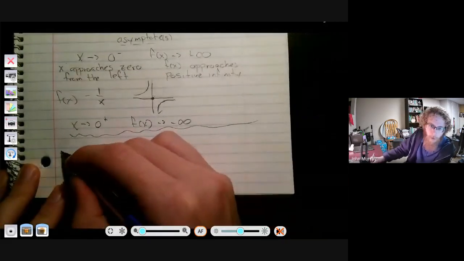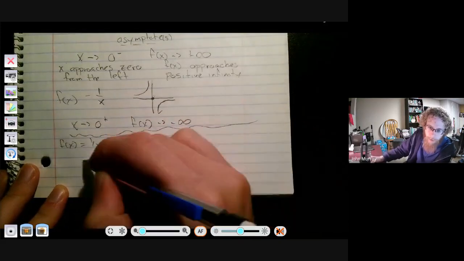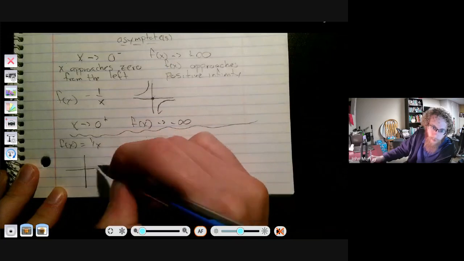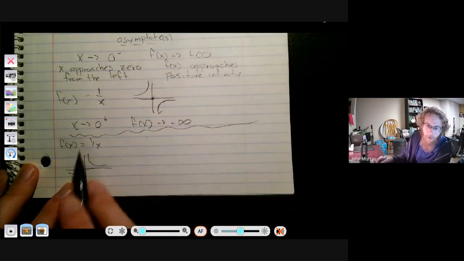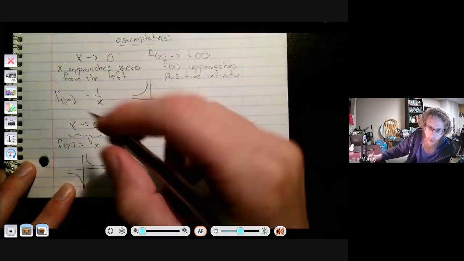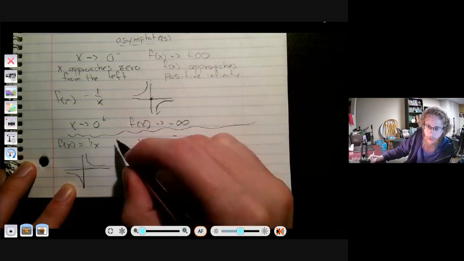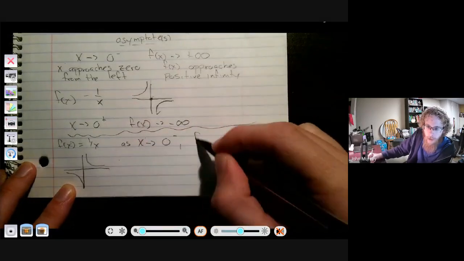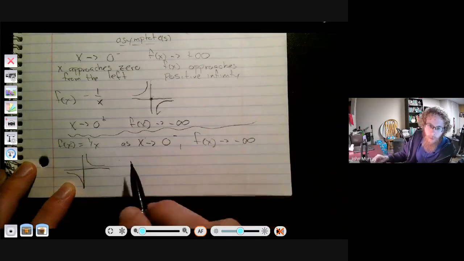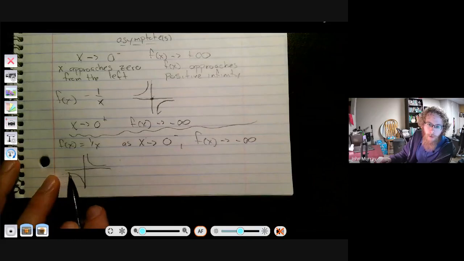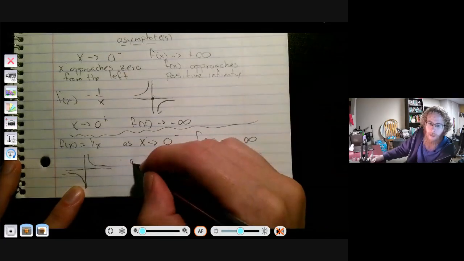Let's talk about what we were talking about. Okay, so this is what the real graph looks like. My mistake. But again, all that does is it changes my approach, right? Here, as I'm approaching 0 from the left, now I'm approaching negative infinity.